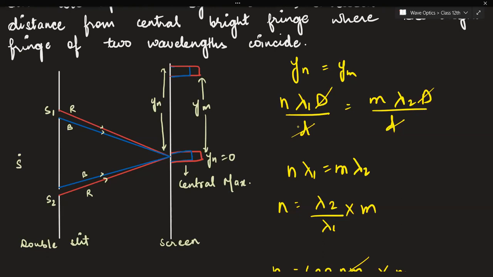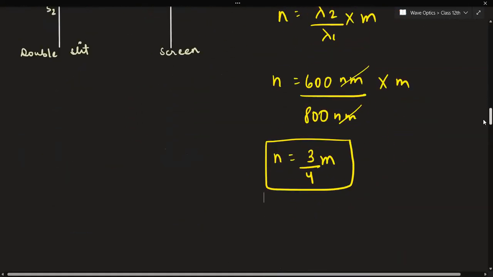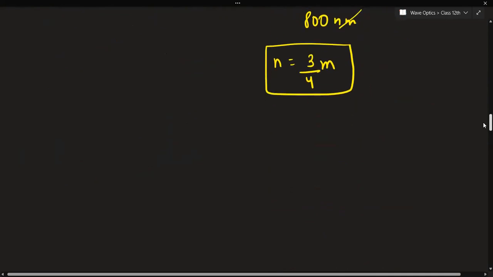So how will we find yn or ym? That's why we are trying to find n and m. But with this method, again we arrived at n equal to 3 by 4 m, so something still is missing. We want to find the values of n and m. Now, class.